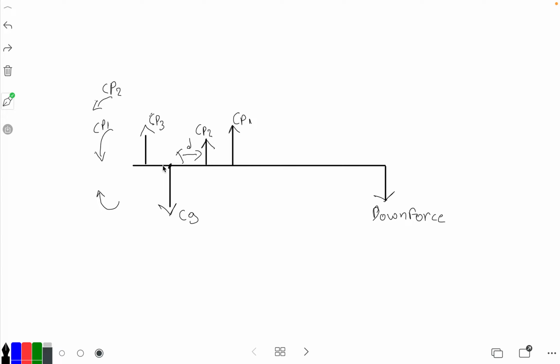But if the center of pressure moves forward of the center of gravity, it has a pitching moment like this around the center of gravity, and the downforce now has to move like this in order to counteract this pitching moment.